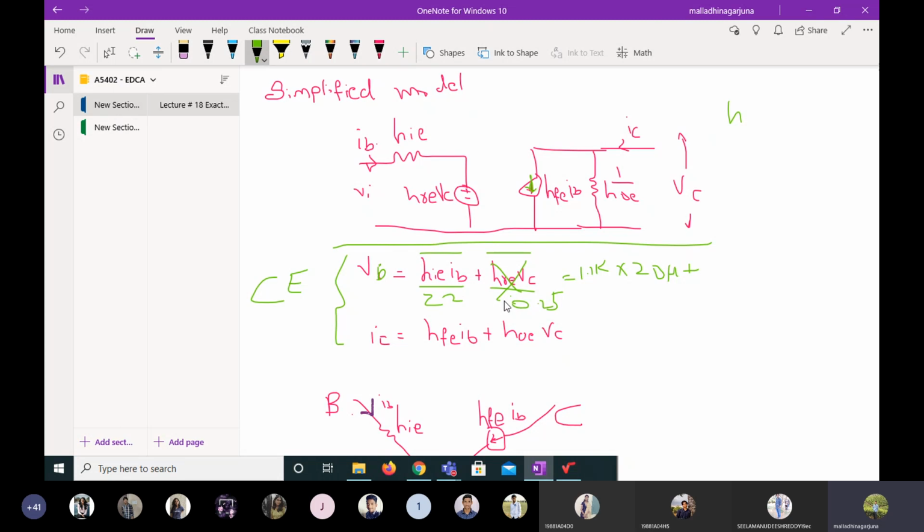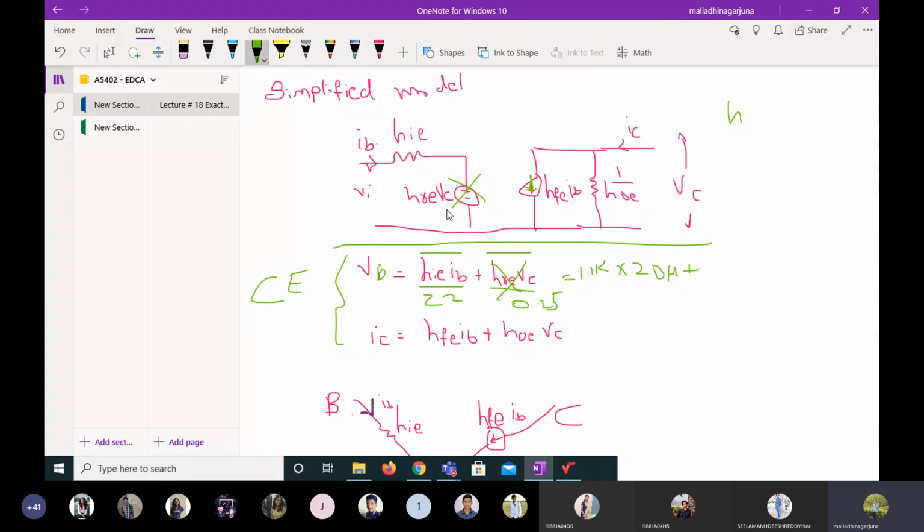So there is no use in taking HRE into VC into consideration, because only a very nominal, very minimum portion is contributing to our output. For that reason I'm not taking HRE into VC. I'm eliminating this parameter and just replacing it with a short circuit.